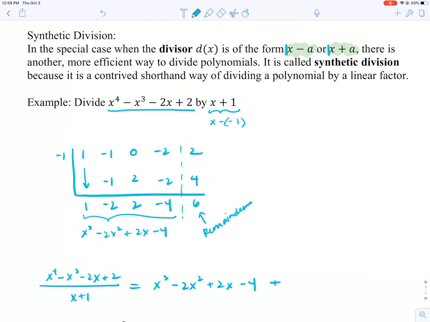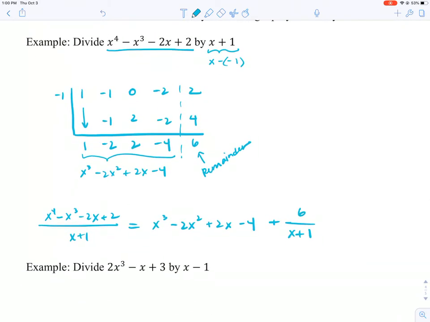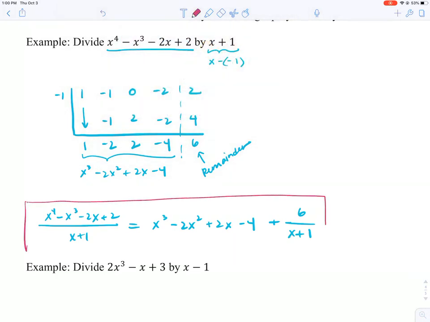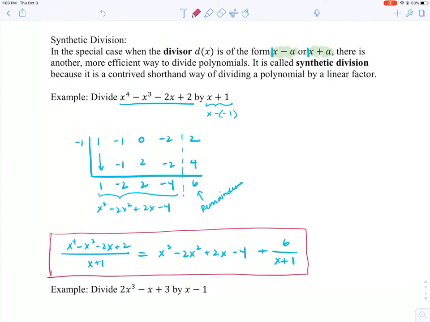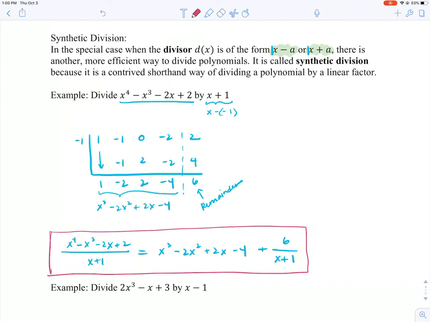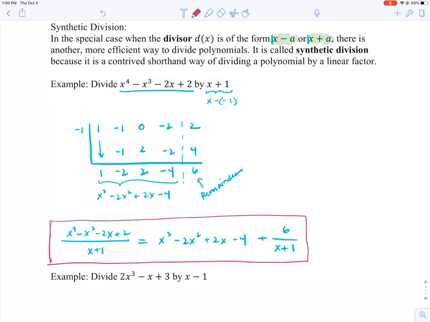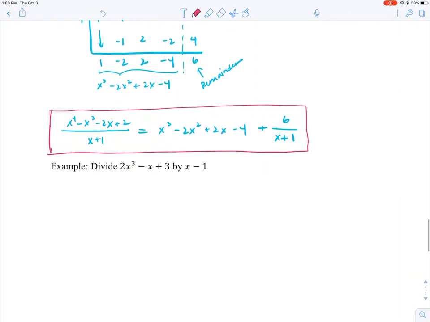And then my remainder is 6, so I'm going to put 6 over the divisor. And that's my final answer. So synthetic division is kind of a faster, shortcut way of doing polynomial long division, but it only works when your divisor is in the form x minus a number or x plus a number.